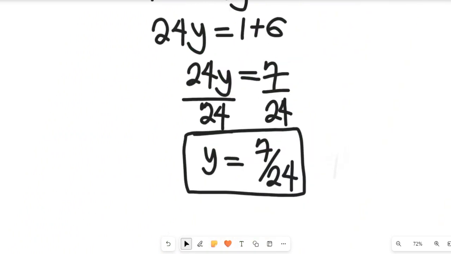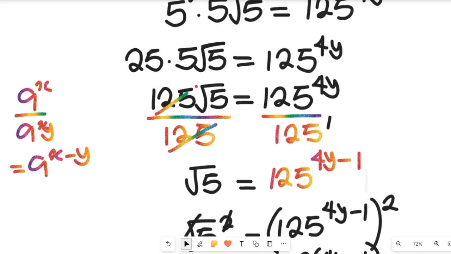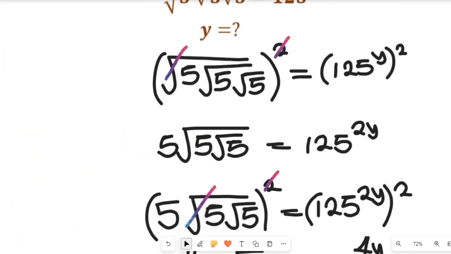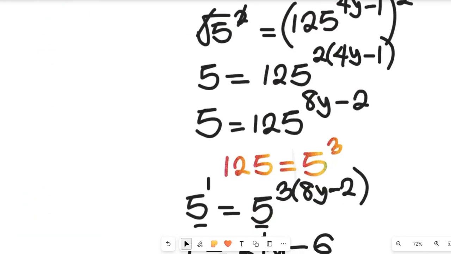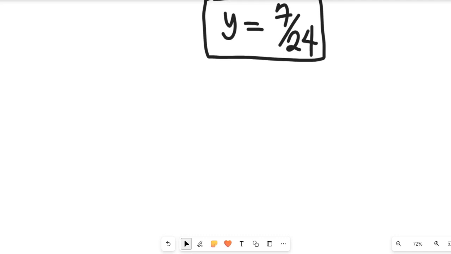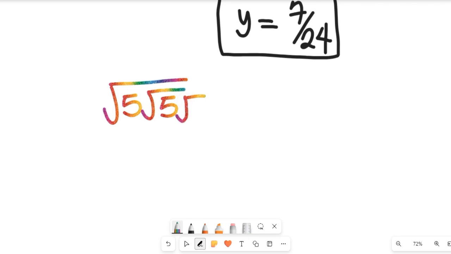Now let's check that the solution we've gotten is absolutely right for the expression given to us. From the expression, we are given that the third square root of 5 multiplied by the third square root of 5 multiplied by the second square root of 5 multiplied by the last square root of 5 is equal to 125 to the power of y.